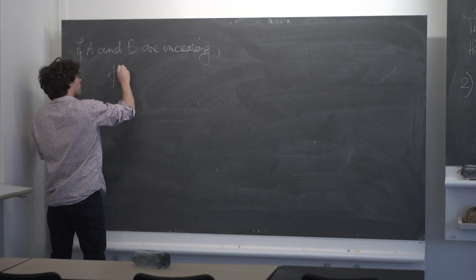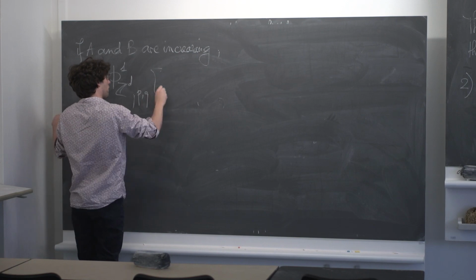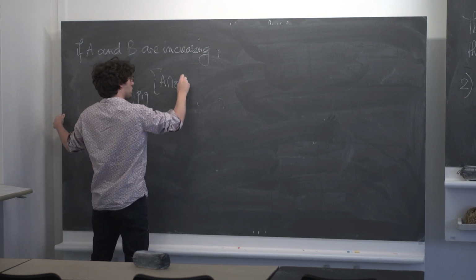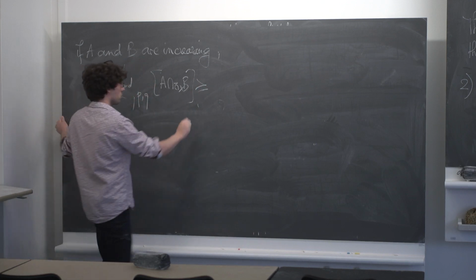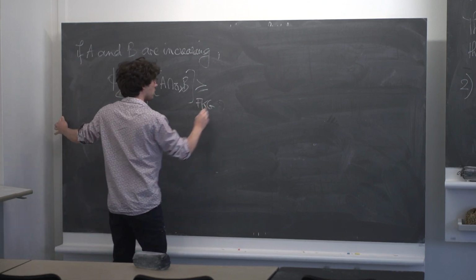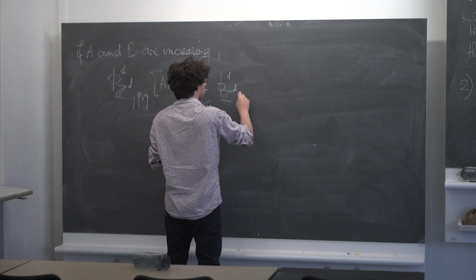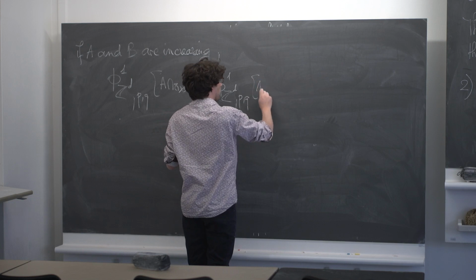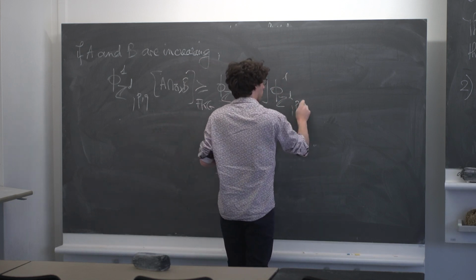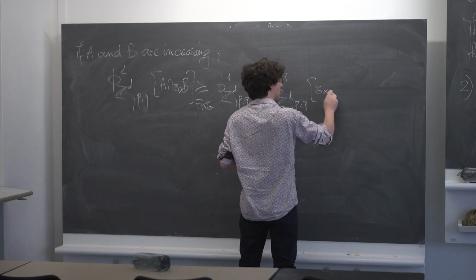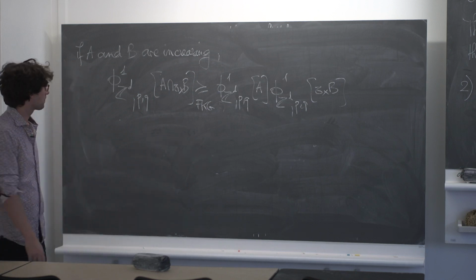then phi 1 ZD PQ of A intersected with tau x of B is larger or equal by FKG to phi 1 ZD PQ of A times phi 1 ZD PQ of tau x B. Indeed, A and tau x B are increasing events.